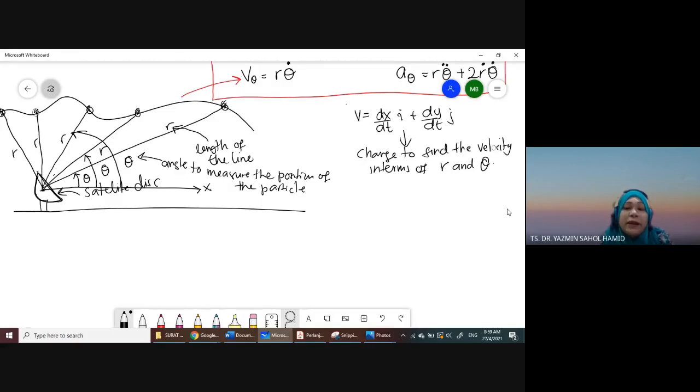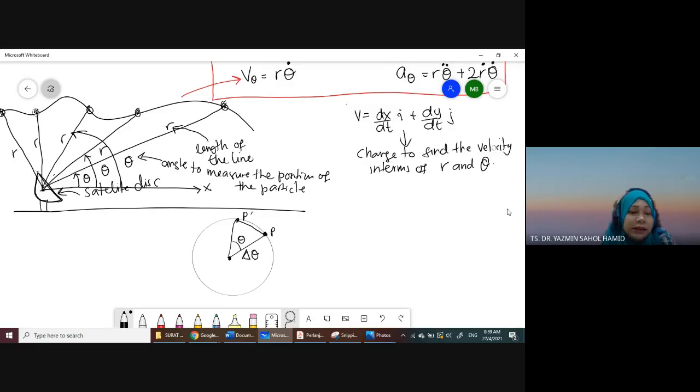If I give you an example of a circle, let's say we have a circle here, and let's assume this particle is moving from point P to point P prime. This is the angle theta.